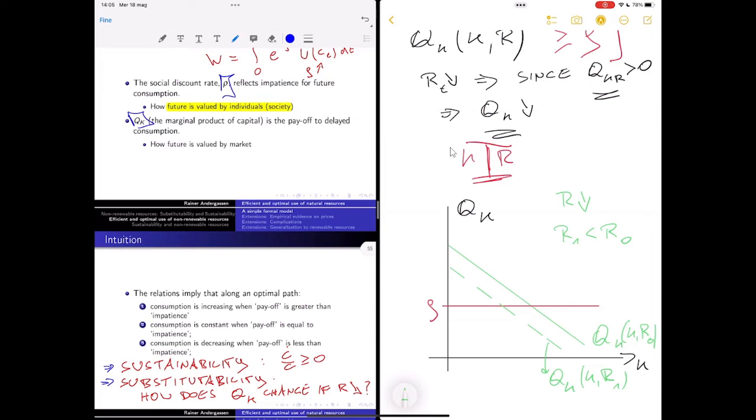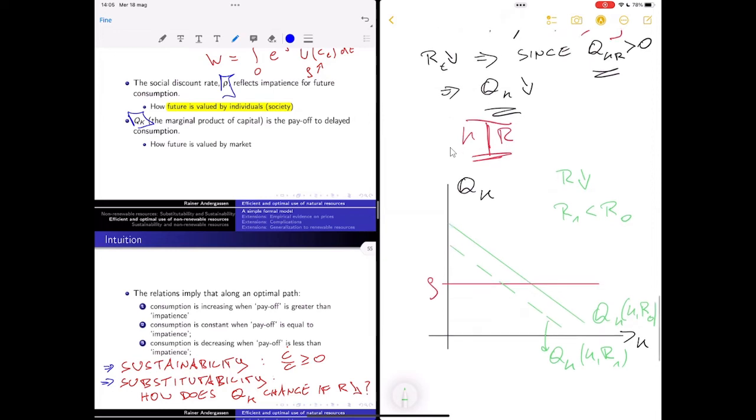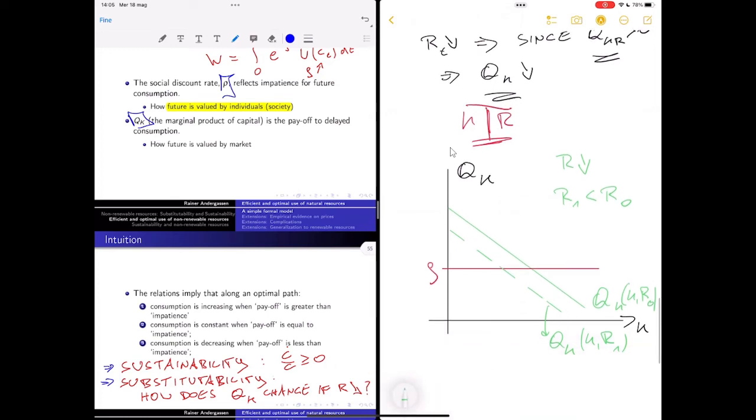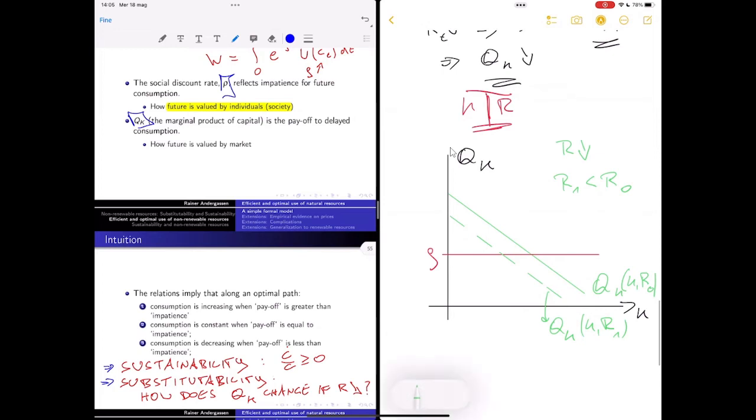Now you see the issue here. If I keep capital constant, and suppose at the beginning it was just at the threshold, then here we just have sustainability, so that sustainability is socially optimal.